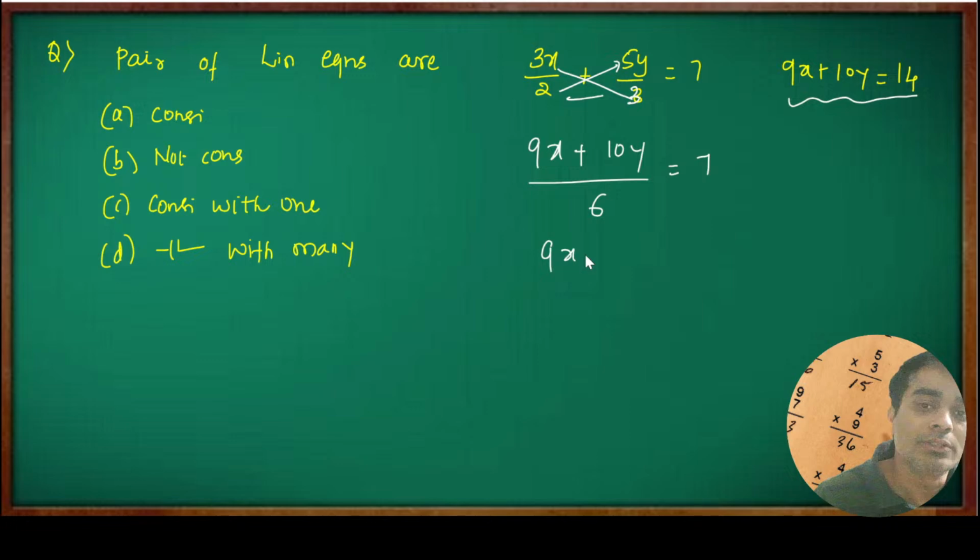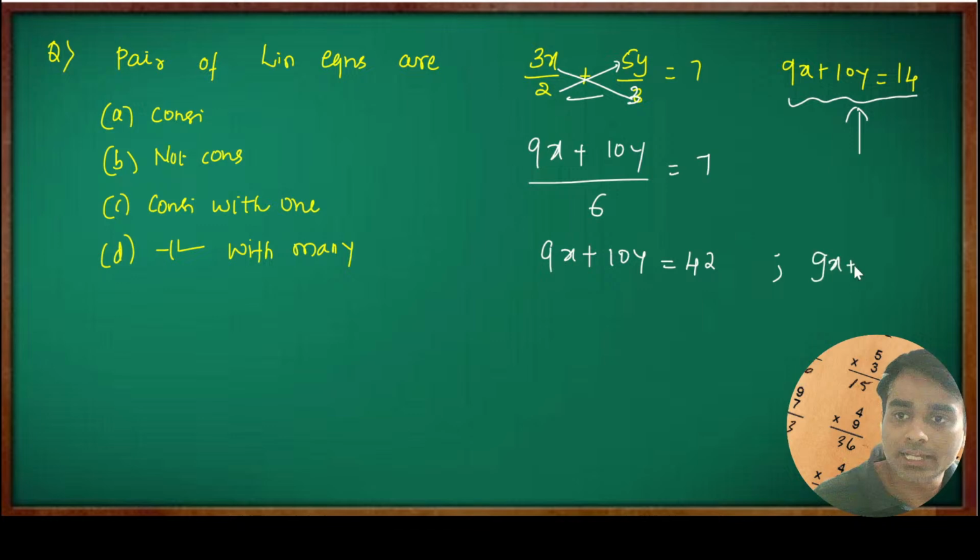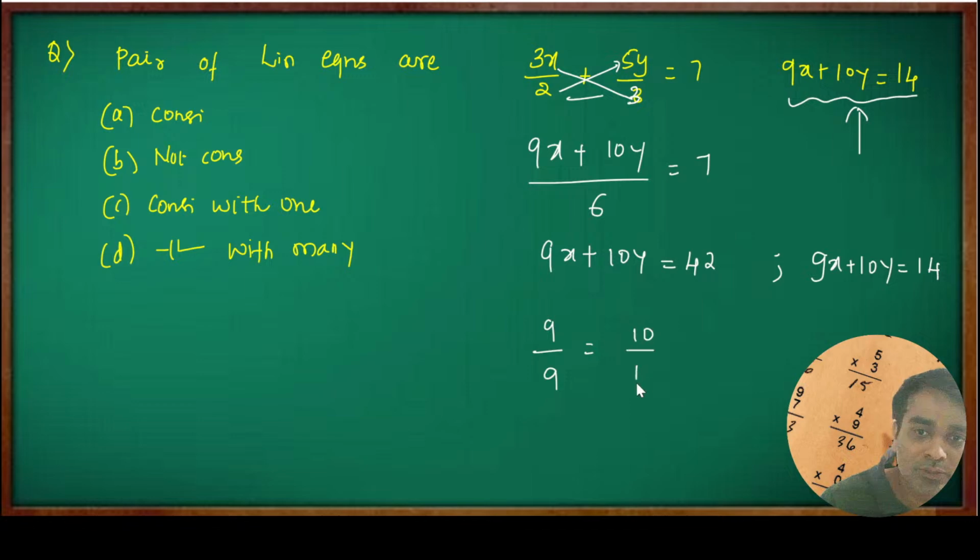So this will become 9x plus 10y equal to 42. And another equation I have here, which I will write here, 9x plus 10y equal to 14. Okay. Now these two are in standard form. So let's see a1 by a2, 9 by 9. Then b1 by b2 also 10 by 10.